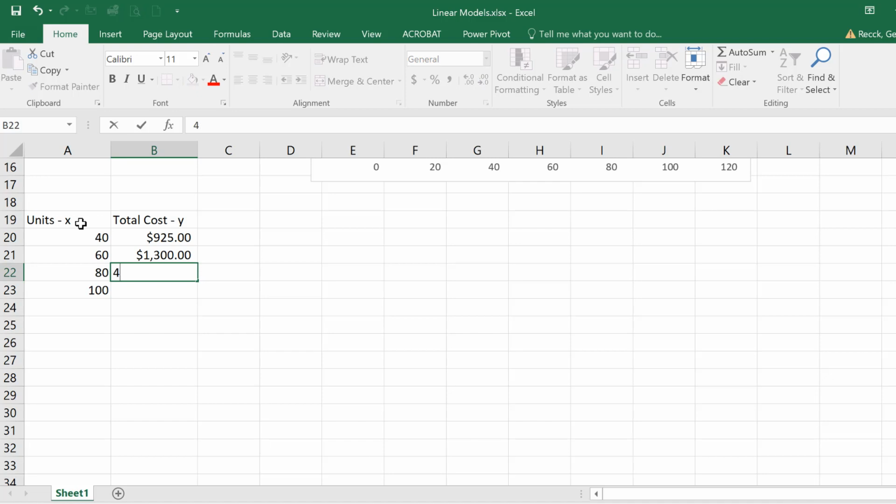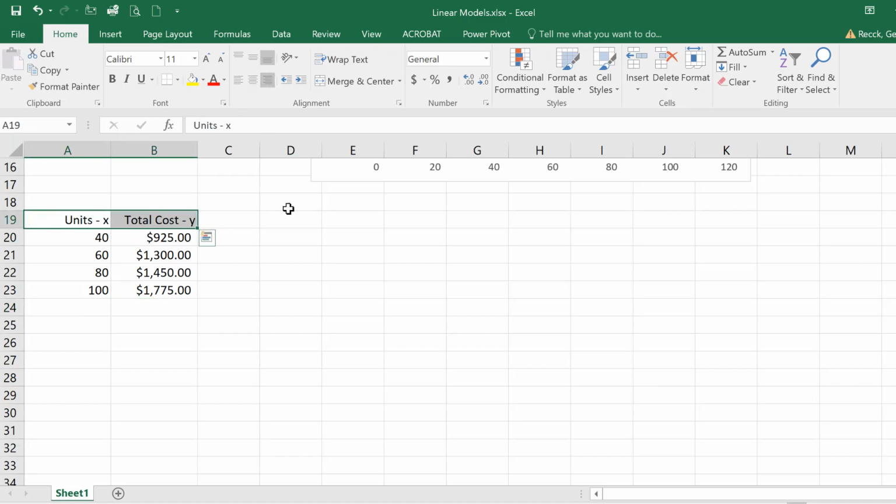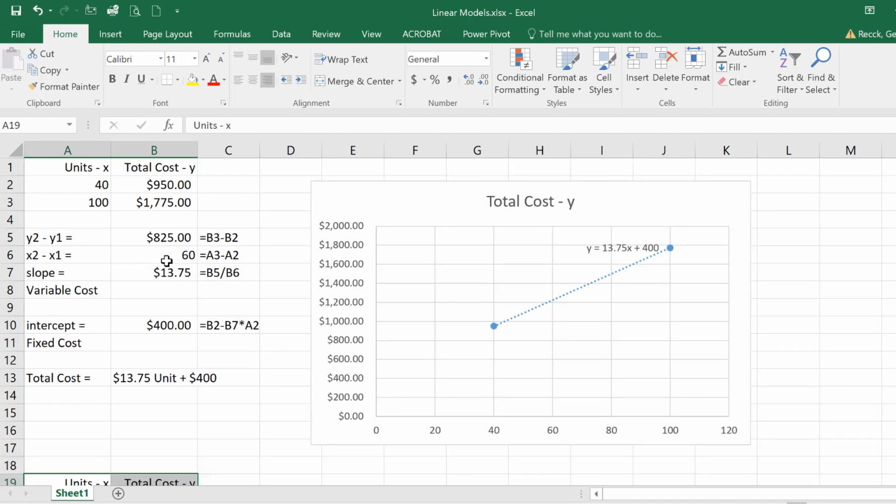For 80, 1,450. And then for 100, 1,775. Right justify those numbers. And now I'm going to highlight that again. Because I've got more than 2 rows, I don't need to have that extra row like I had before up here.